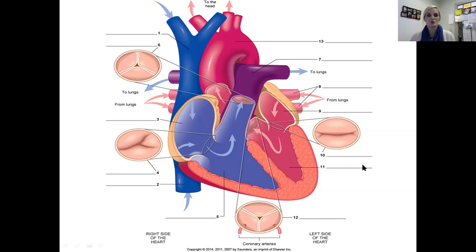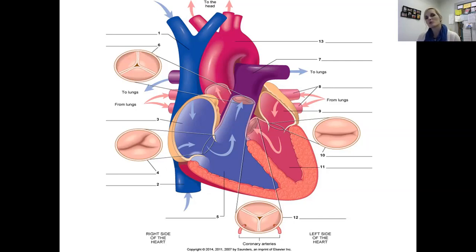The person whose chest is looking at us right now, this is their heart, so therefore this is the right side of them and this is the left side of them. Even though I know what's my left and my right, it can be kind of confusing and easily mistaken. So make sure we're paying attention and thinking about it that way, that this is that person's right and left side.